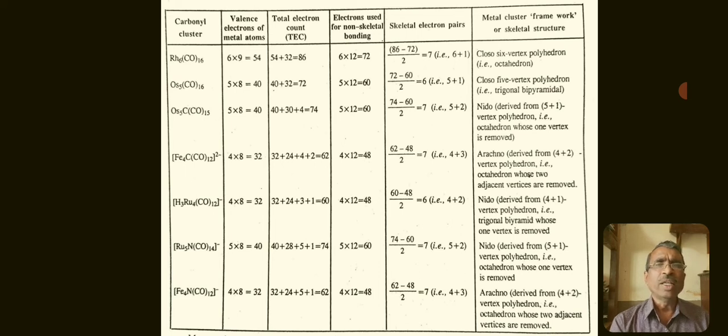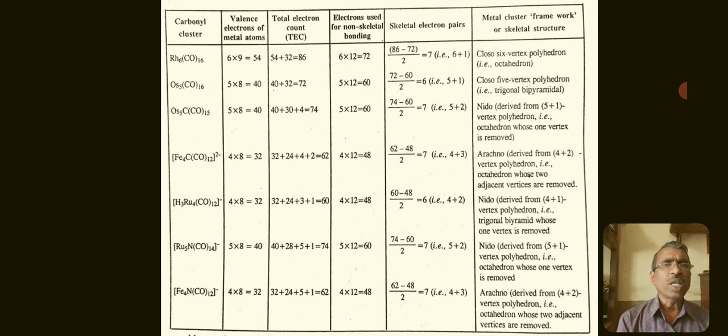Now each iron contributes 12 electrons. So 12 into 4 is 48. You subtract 62 minus 48 upon 2 becomes 7. Now in this cluster we have 4 metal atoms. So therefore, it belongs to 4 plus 3, which becomes 7. So this belongs to M plus 3 configuration.